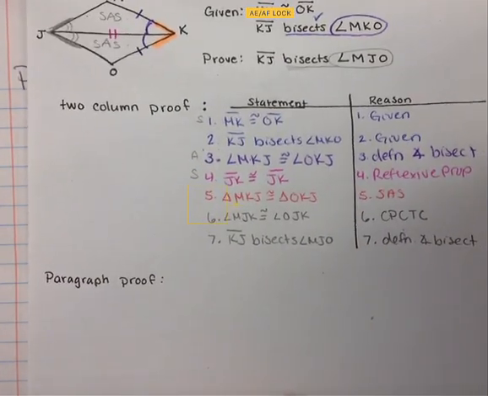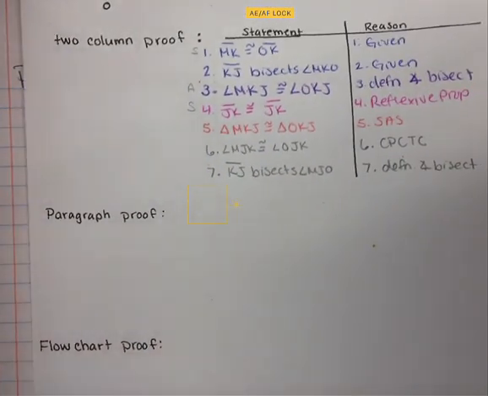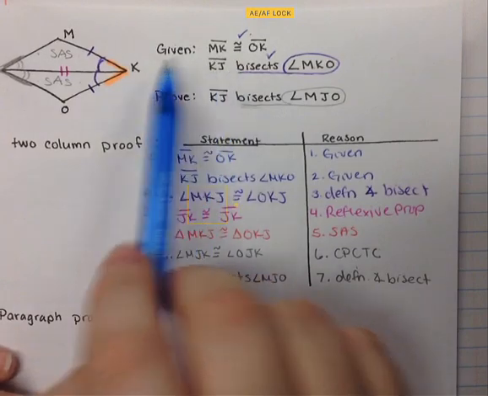On the paragraph proof, we're literally going to say all this, but just in words. So this will take a little bit longer because we do have 7 statements, so we're going to have a bigger paragraph. So on our givens, I always put just let.